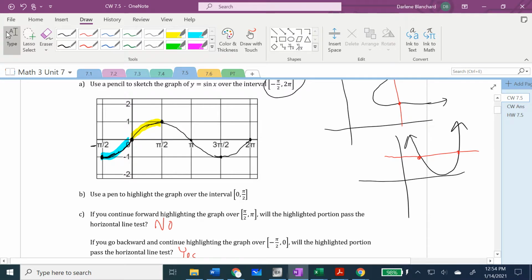Every one of your 6 trig functions passes the horizontal line test if you take the section that is 0 to pi over 2. In addition, 0 to pi over 2 are quadrant 1. They are the first 90 degrees that you work with. They are where we begin a lot of our trig with right triangle trigonometry, where you have an acute angle in a right triangle and you do the SOHCAHTOA thing.